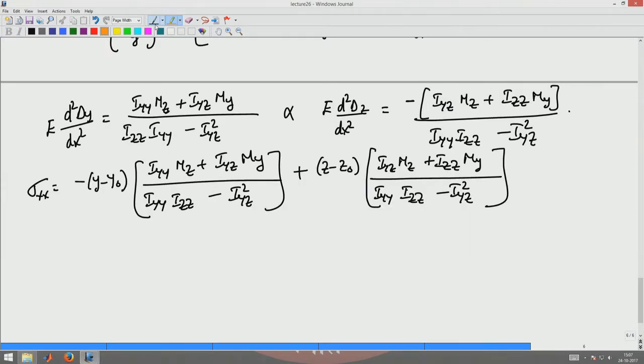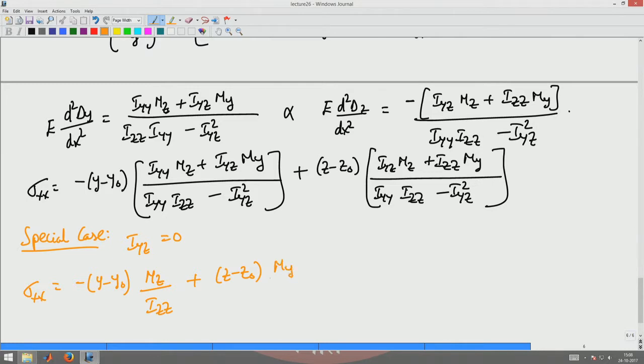Now, let us look at special cases. Let us look at the case where I_yz is 0. Then your expression for sigma xx becomes minus (y minus y naught) M_z by I_zz plus (z minus z naught) into M_y by I_yy.